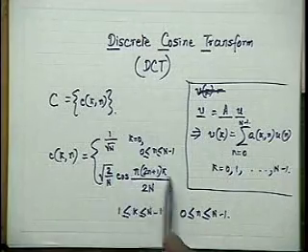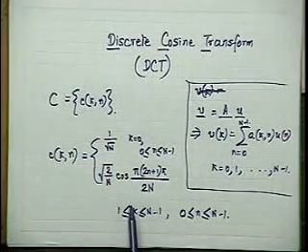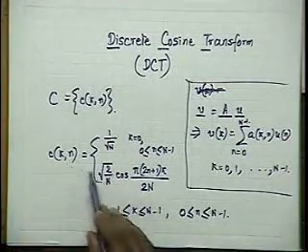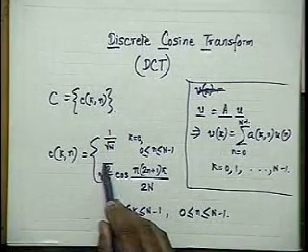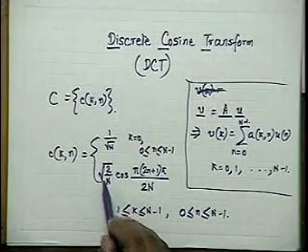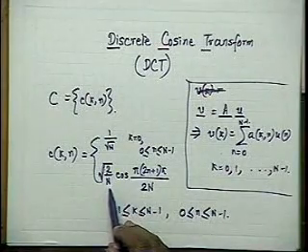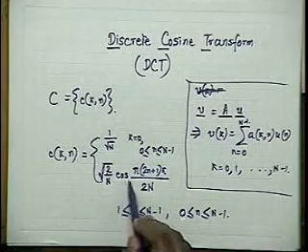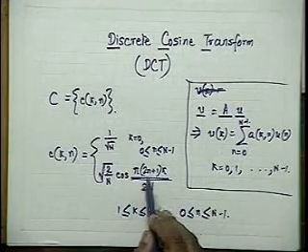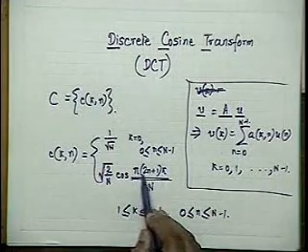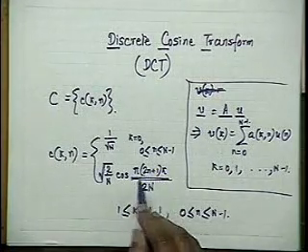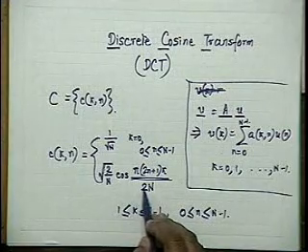So Ckn is equal to the square root of 2 by capital N, cosine of, where the numerator is pi (2n plus 1) multiplied by k, and the denominator of the cosine argument is 2N.